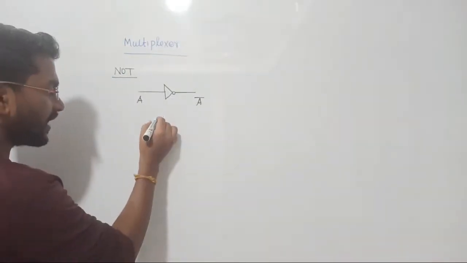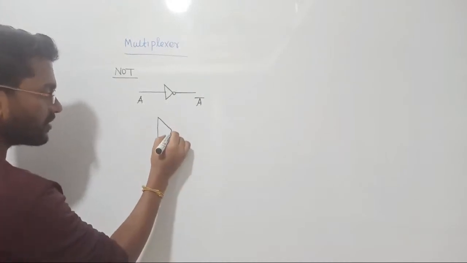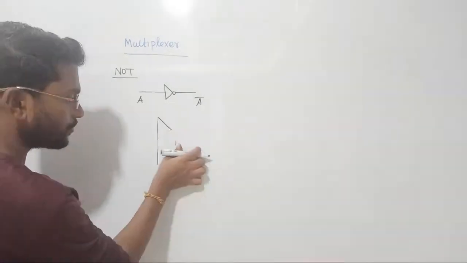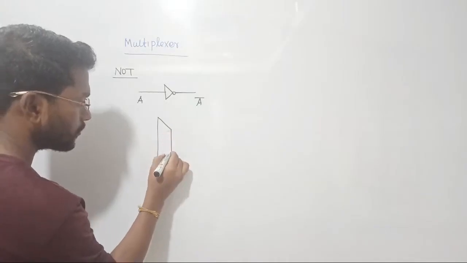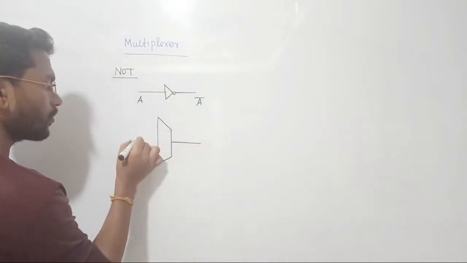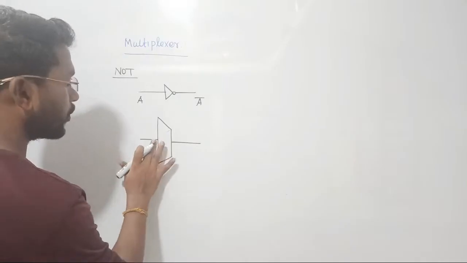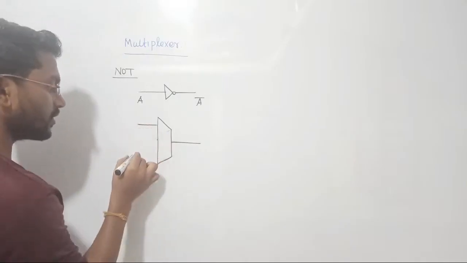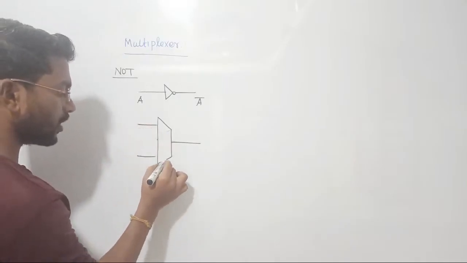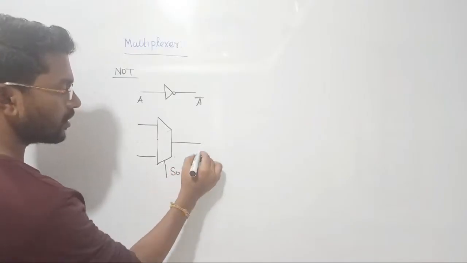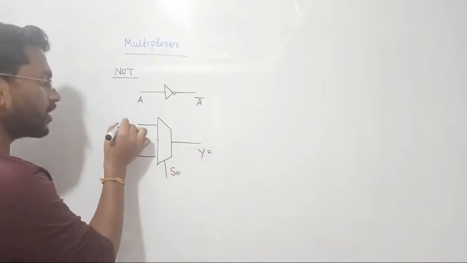So let us select a multiplexer. Let me try to design this one. Now we are going with 2 lines, right? And let me select one data line for this, yes, NOT. Now the output is very simple.